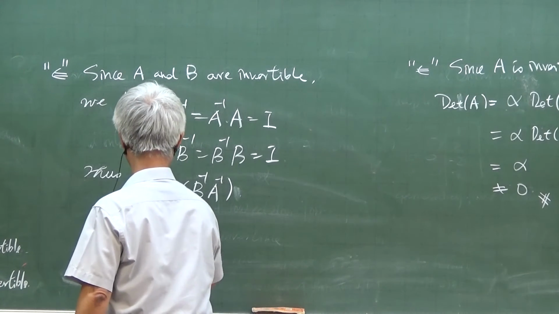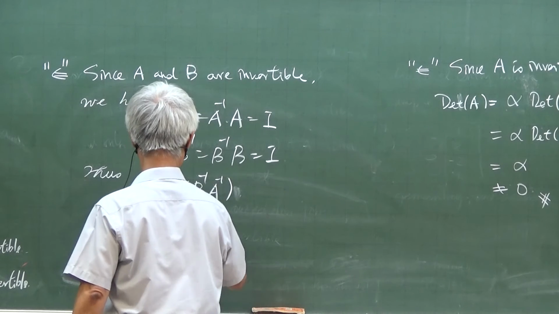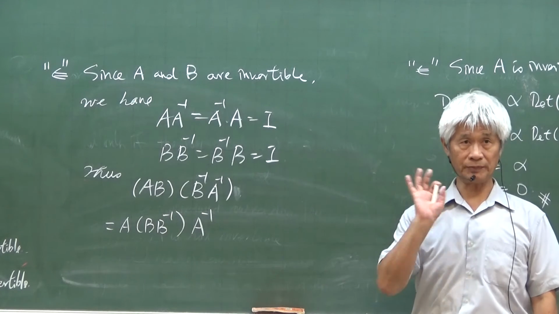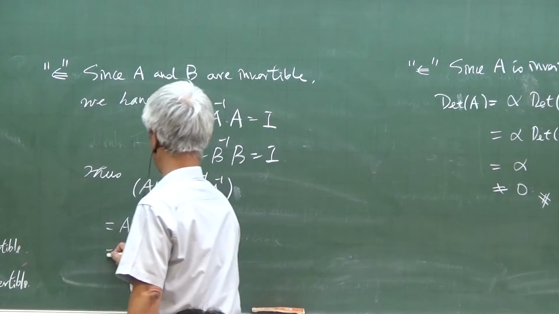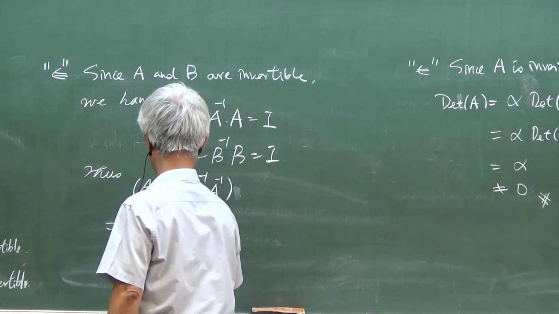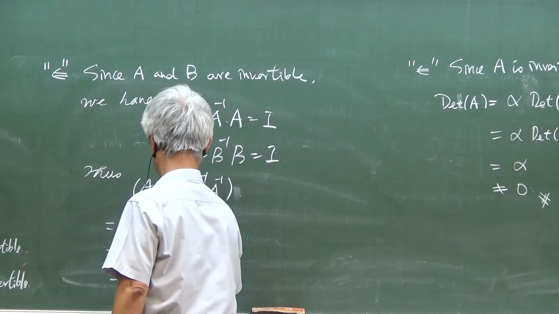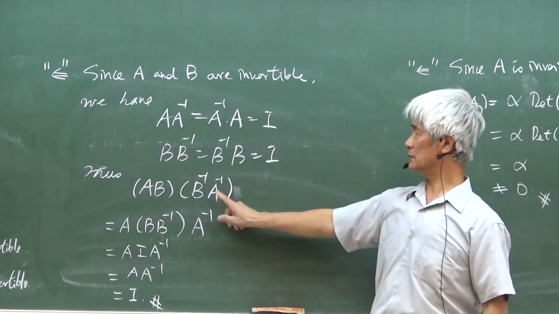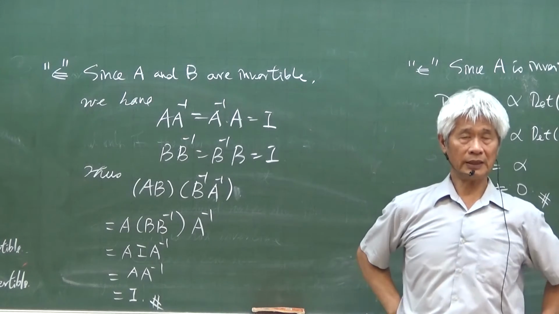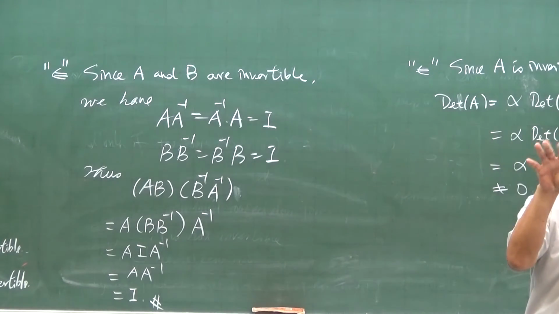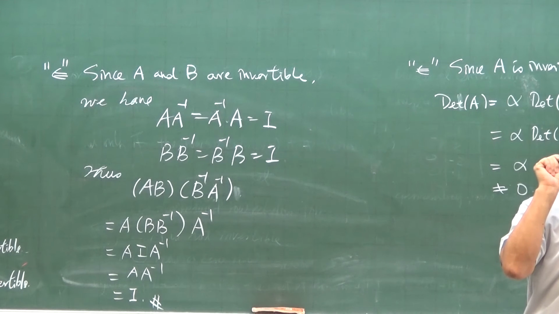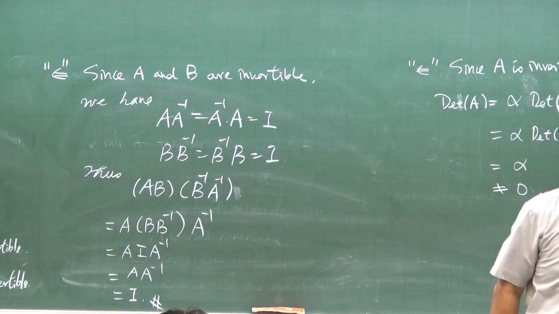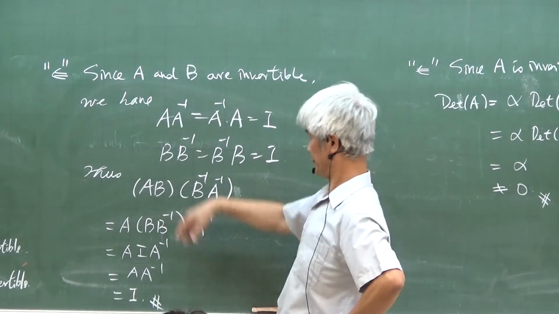By associativity of matrix multiplication: A B B inverse A inverse equals A, identity, A inverse, which is A A inverse, which is the identity. So this one is a right inverse of A times B. And A times B is a square matrix again. So whenever a square matrix has a right inverse, this square matrix is invertible.